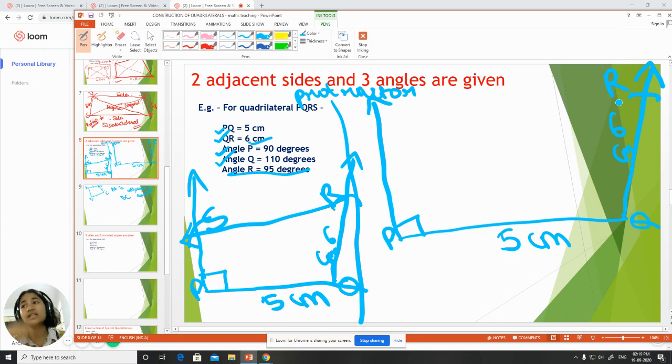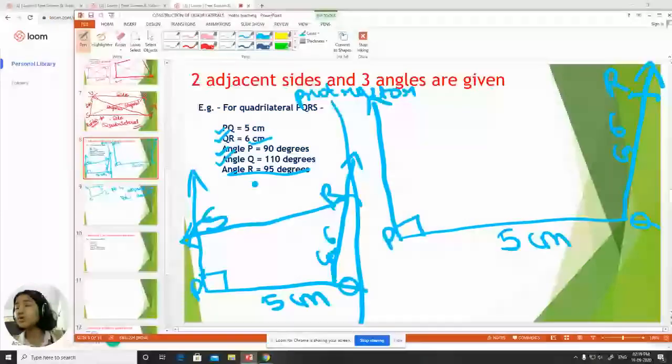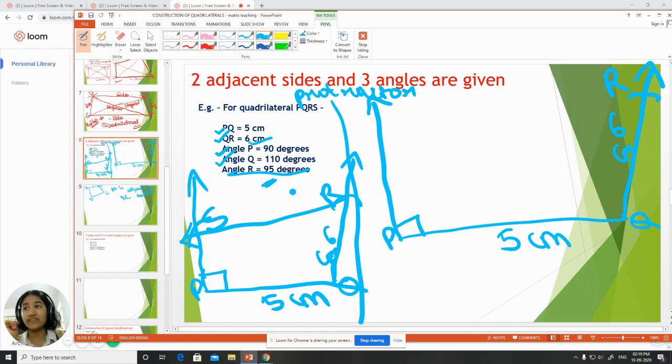Next, PQR is ready. Now what about S? One more clue we have is that angle R is 95 degrees. So by keeping our protractor over here, we can draw an arc at 95 degrees, right? First, we'll draw a straight line instead of drawing an arc. Okay, 95 degrees, you can assume it's over here. It will be less than 100. Okay, 95 degrees you have drawn.